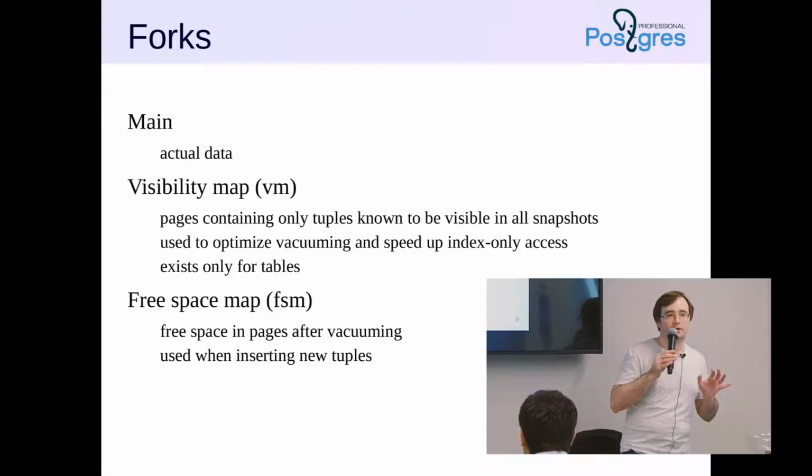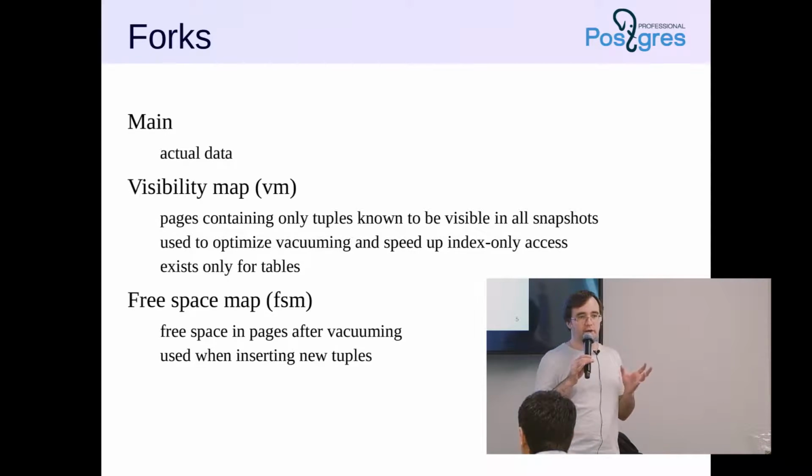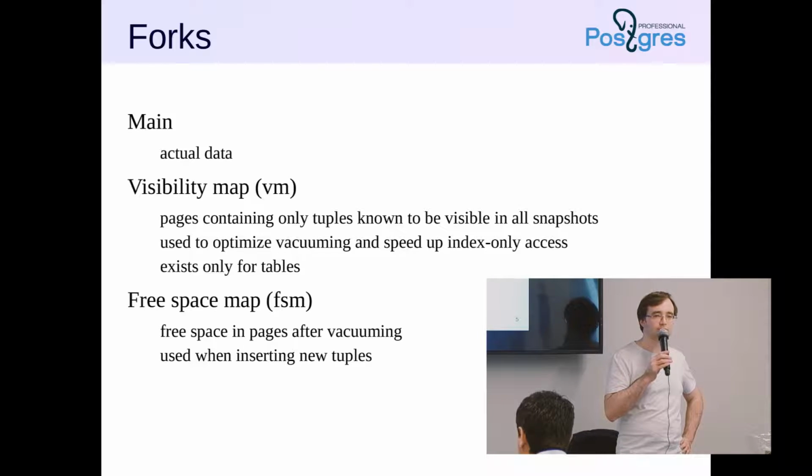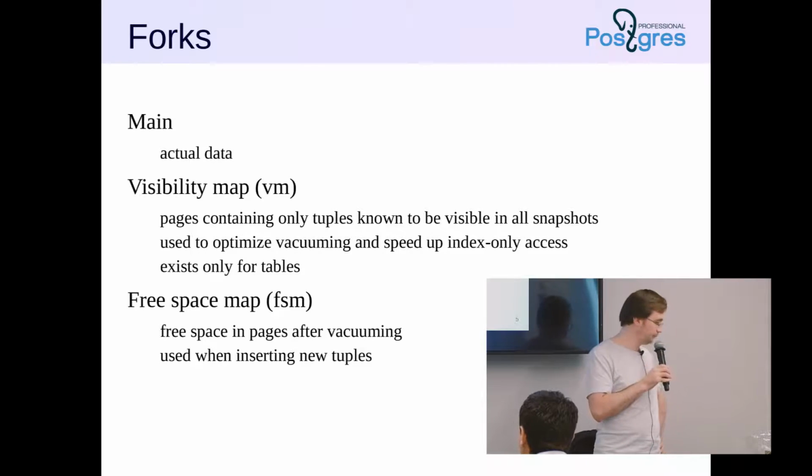In other words, on such a page, all non-actual row versions are vacuumed and only actual row versions are present. And these pages are tracked in the visibility map, and this visibility map is used to optimize vacuum performance and to optimize index-only scans.